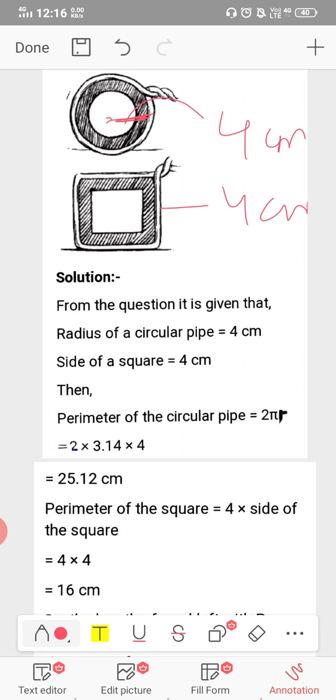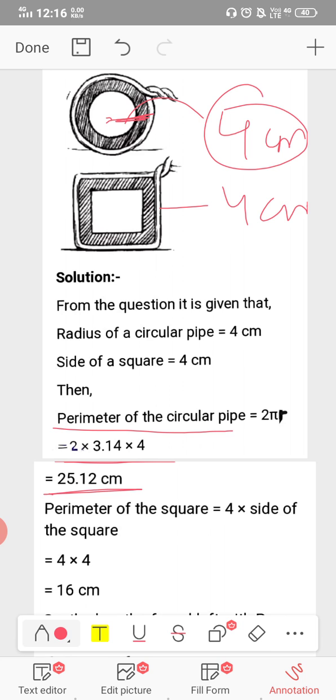Then the perimeter of the circular pipe, we can find very easily because we have the value of the radius. The formula for the perimeter, or circumference, of the pipe will be 2 pi r. So put all the values and the answer is 25.12 centimeters. Now the perimeter of the square, we know that it is 4 into side.